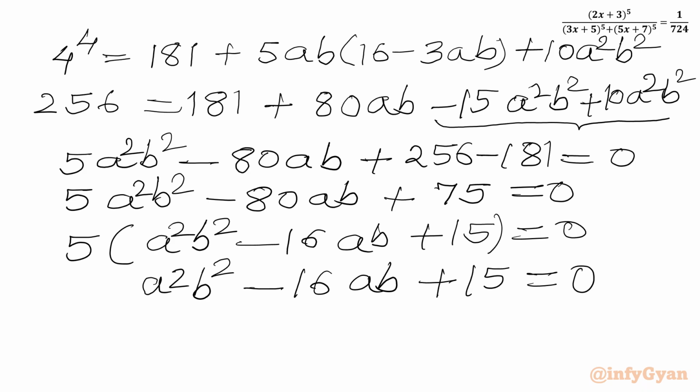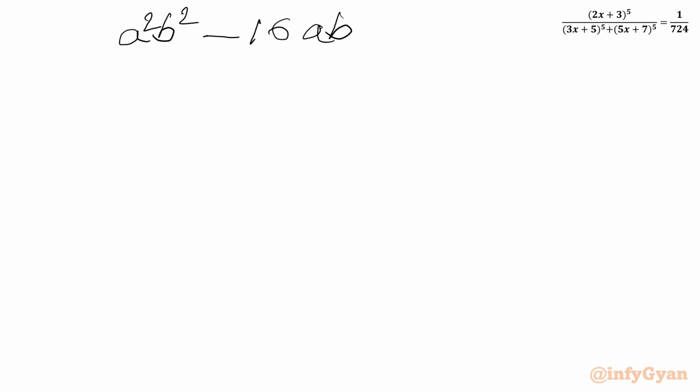Equation is quadratic in AB. So let's solve using method of factorization. I will write A square B square or AB whole square minus 16AB and then we'll be writing plus 15 equal to 0.